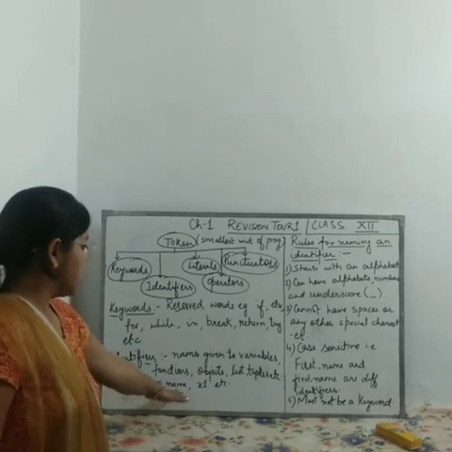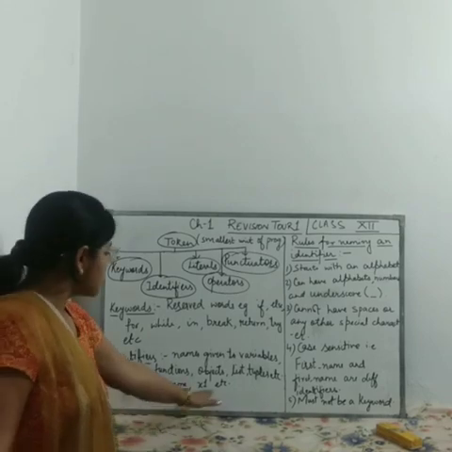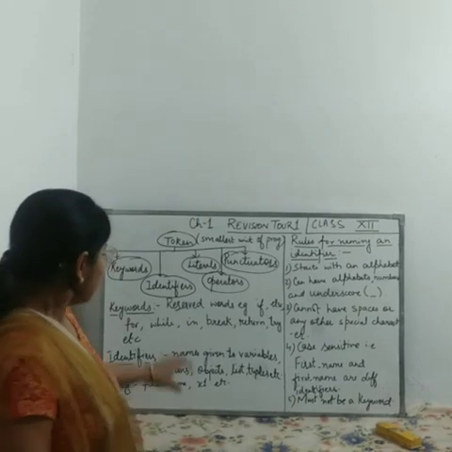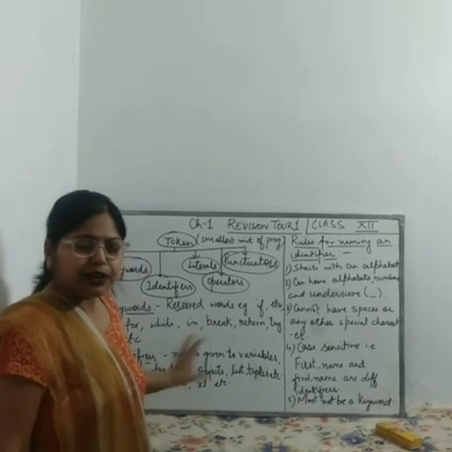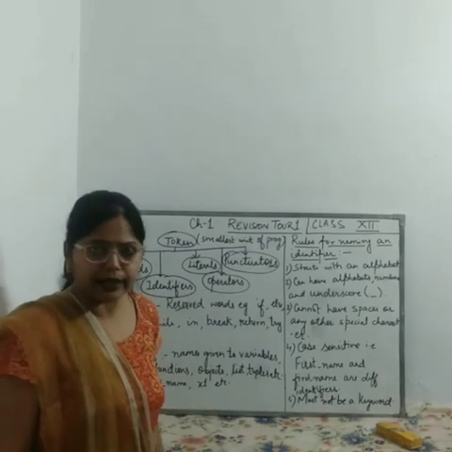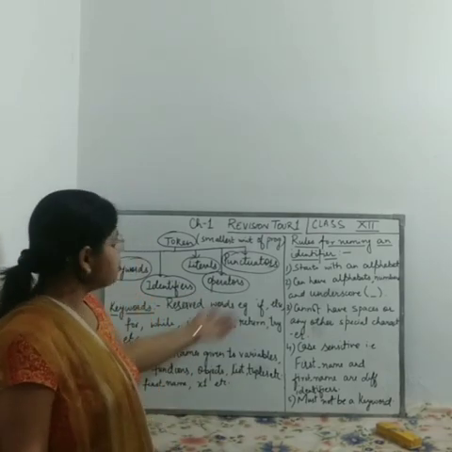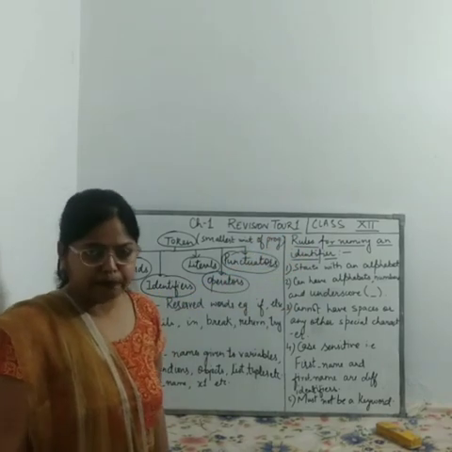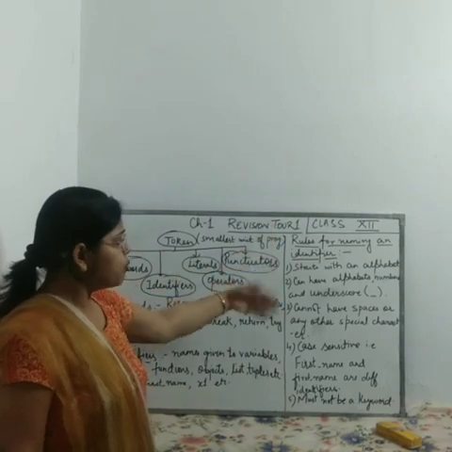Like first name is an identifier here, XI is an identifier here, and so on. When we are naming a variable or a function or a list or anything like that, we have to follow some rules to name them. So now let's go one by one.